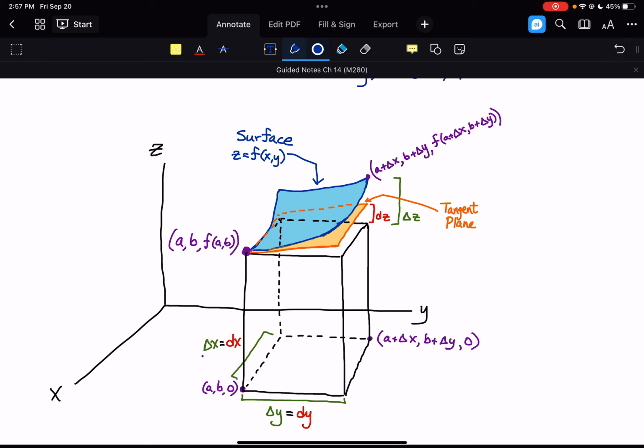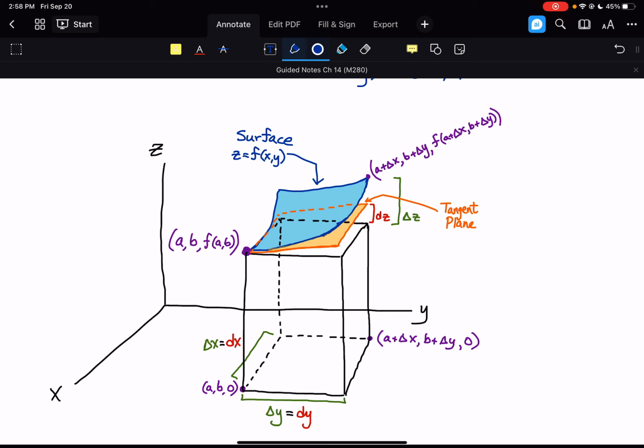Down here, delta x, we change it this much. Delta y, we change it this much. Changing both puts us at this point, and we're trying to figure out the output of this point.